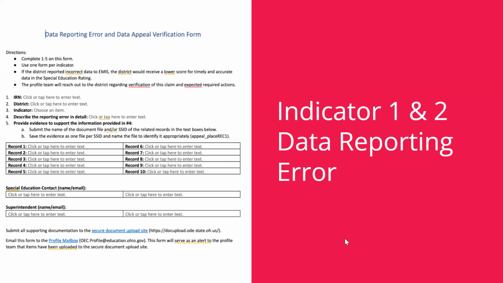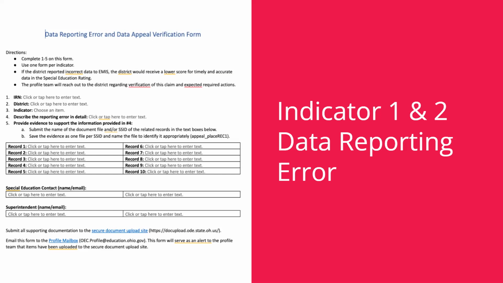Okay, so let's say that you believe that the indicator finding was due to a data reporting error. You will find on the profile webpage the form that you're seeing here, with the directions of how to submit to the Department of Education and Workforce why you believe it was a data reporting error, and you will upload supporting evidence to go along with that.